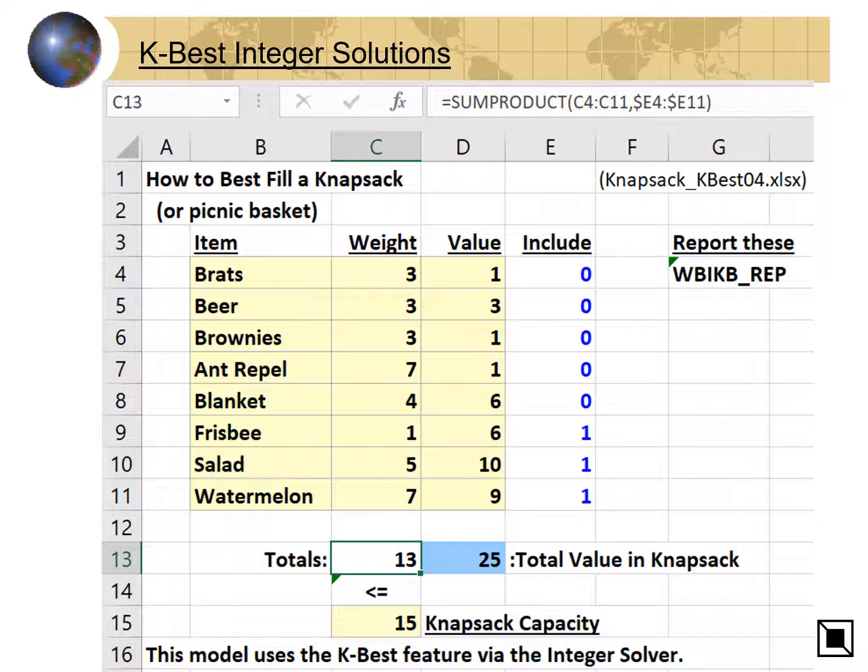That's what our unit of weight is. Now, you might say, gee, I was kind of hoping that beer maybe might get included in the solution. So you ask for the half a dozen or so best solutions, and let's see what we get.